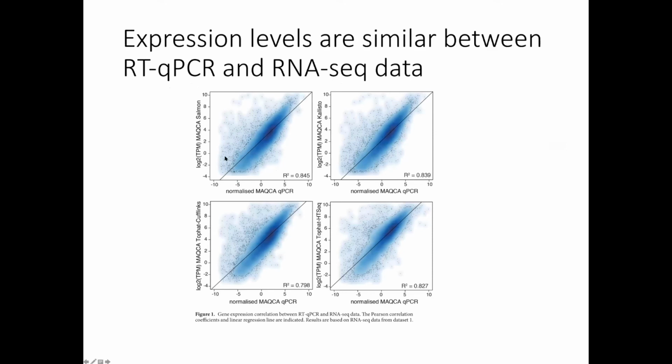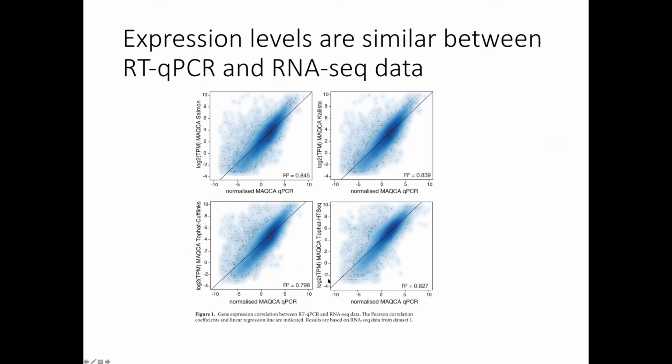So what you have here is one sample, MAQC-A, where they did qPCR on all the genes and got the counts for that. And then they've done different ways of getting gene counts, either by using a program called STAR, or using TopHat with Cufflinks.